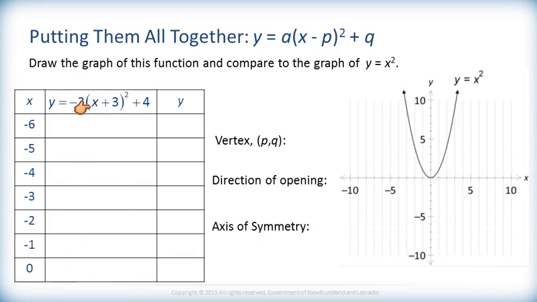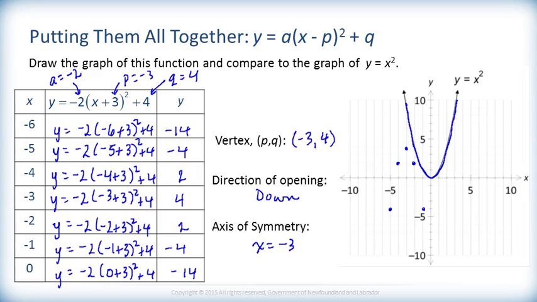For this last example, notice that we've got an x plus 3 in here, so that means our p value is negative 3. Our q value keeps its sign, so q equals 4. The a value is negative 2. Let's see what effect that has on the graph. I've started my table again with my p value in the middle, and I calculate there.